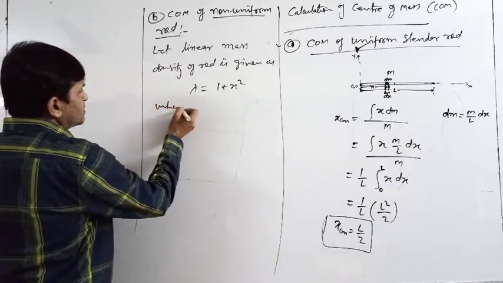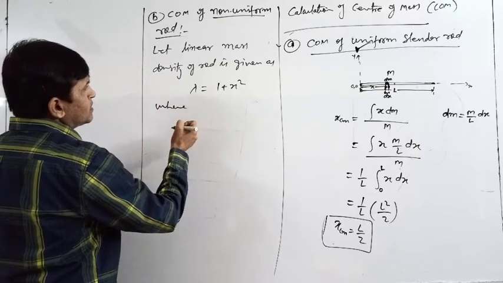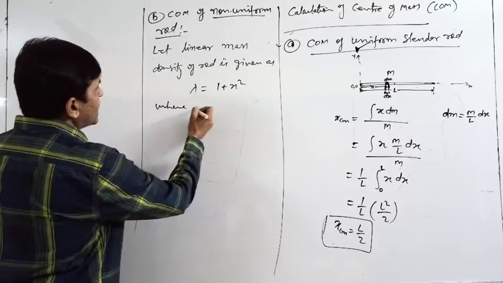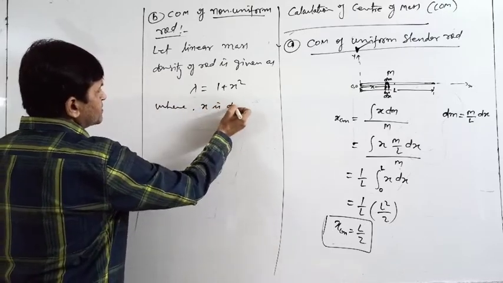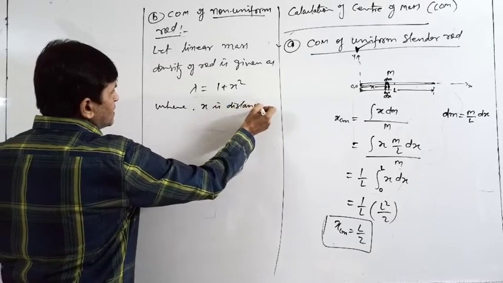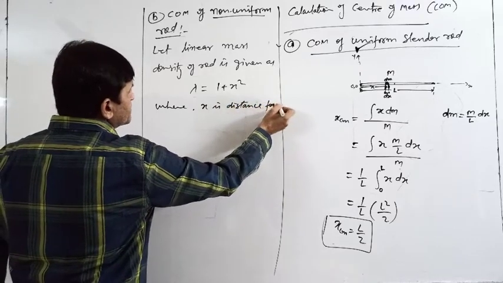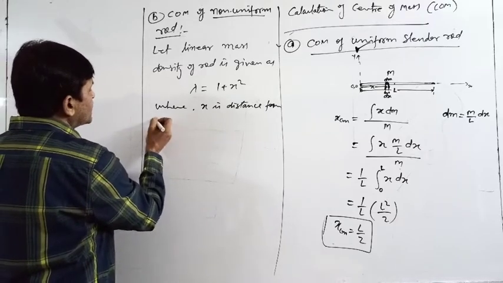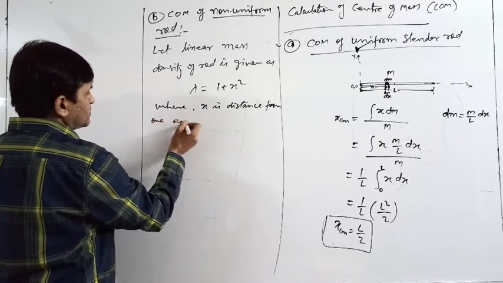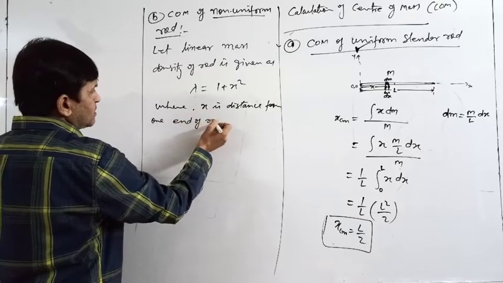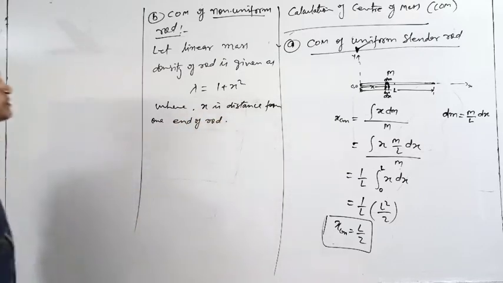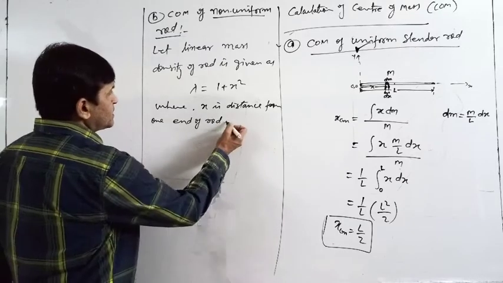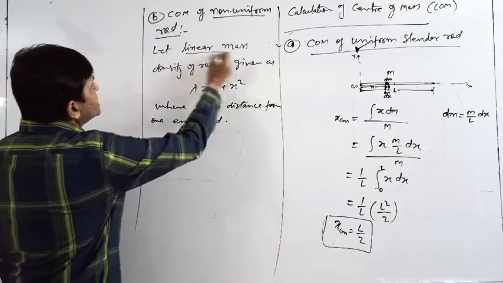where x is the distance from one end of the rod. Okay. Now, the linear mass density is given.